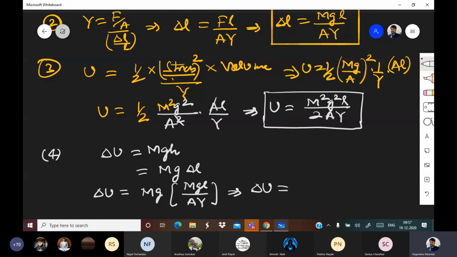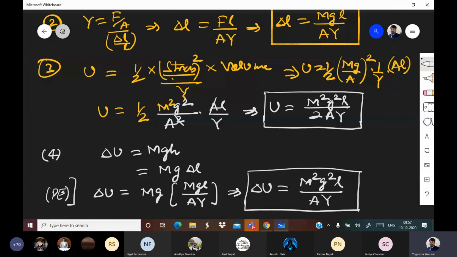So delta U comes out to be, and this is change in PE of the block, m square g square L upon AY. Please note, everyone. If you are not directly calling it a decrease in energy, then we need to use minus sign also.